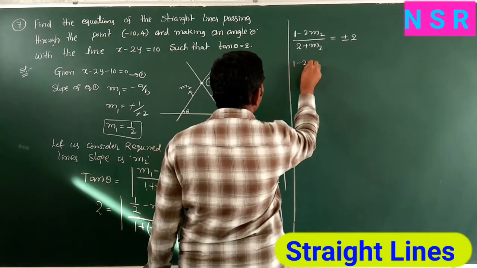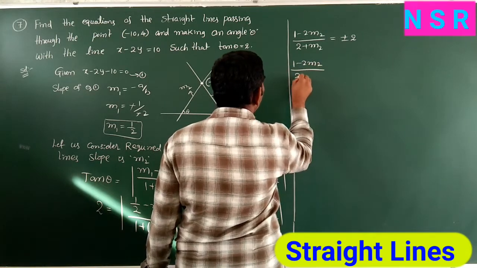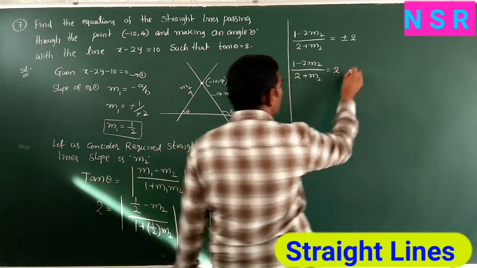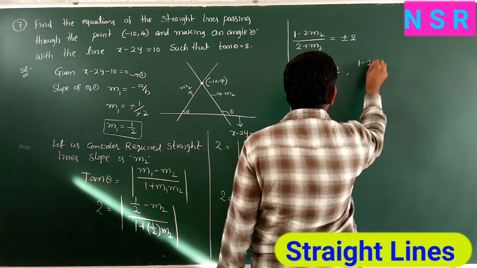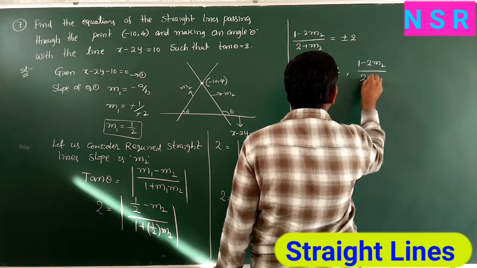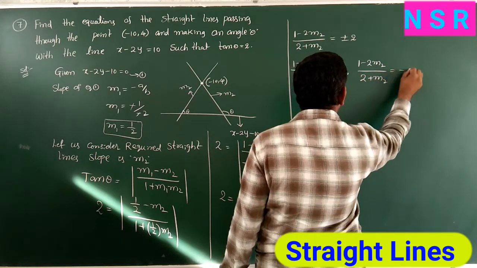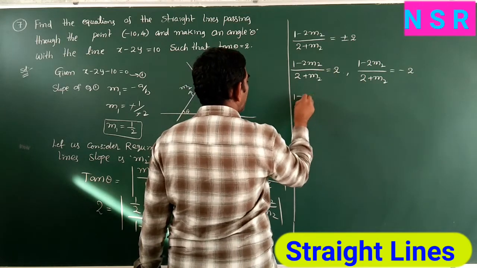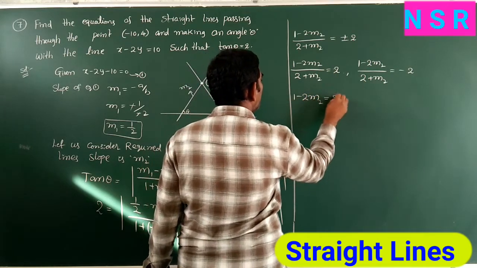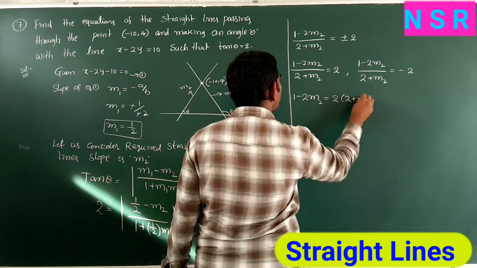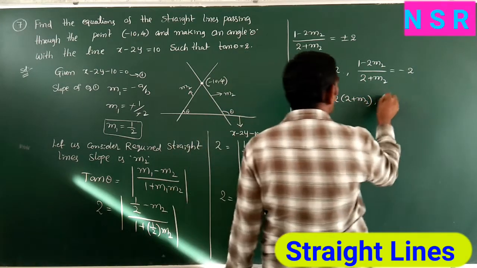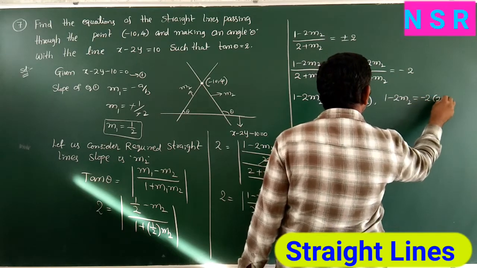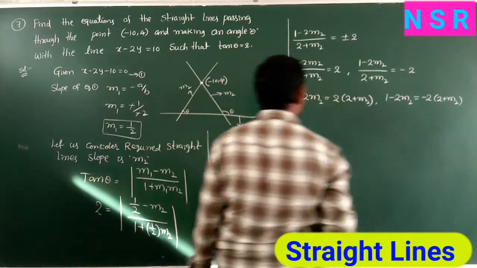Now (1 − 2m2)/(2 + m2) = 1 is plus 2, and the second one is (1 − 2m2)/(2 + m2) = −2. Multiply by (2 + m2): 1 − 2m2 = 2(2 + m2), and 1 − 2m2 = −2(2 + m2).